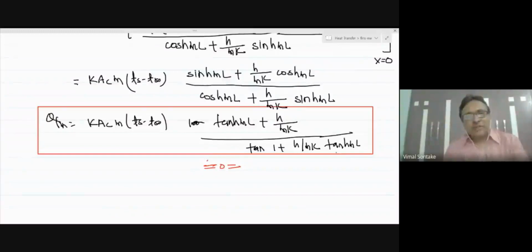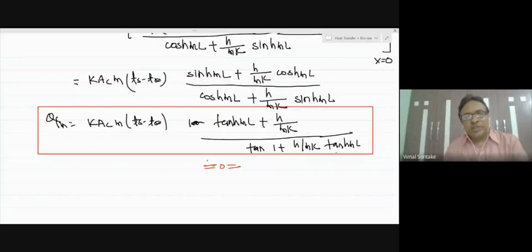cases, like for case 1, heat transfer from a fin of infinitely long length, we have derived the temperature distribution equation and the rate of heat transfer from that fin if attached to the base surface. Then for case 2, heat transfer from a fin of finite length and insulated at the tip.